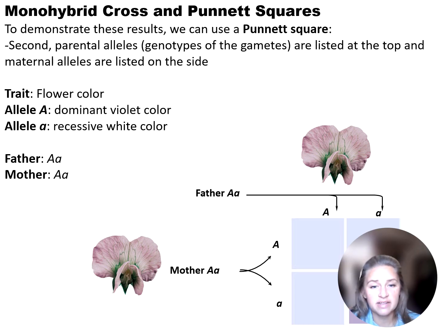Another example to demonstrate would be two heterozygotes. So they both are expressing the dominant color because they have one copy of the dominant allele. They're heterozygous, meaning they have one dominant and one recessive, but what is expressed is the dominant.